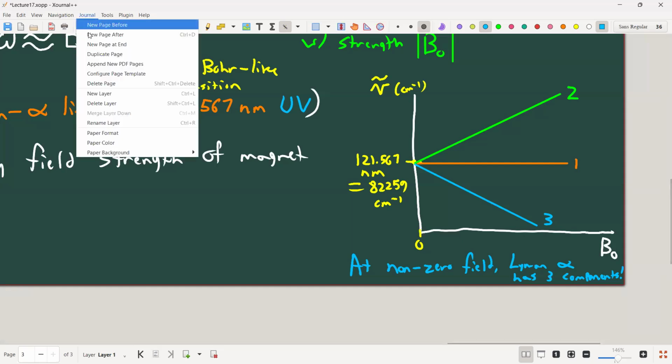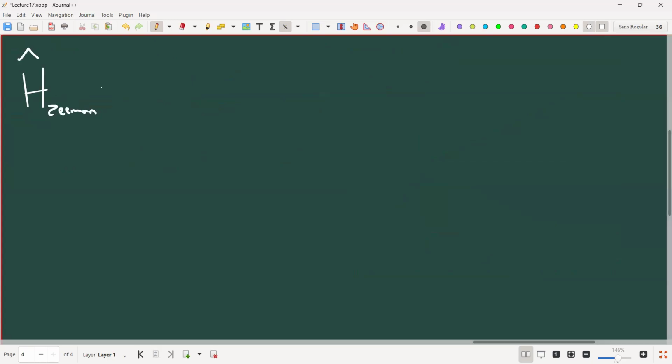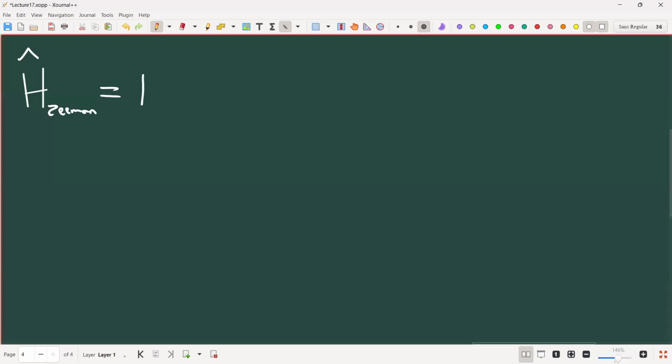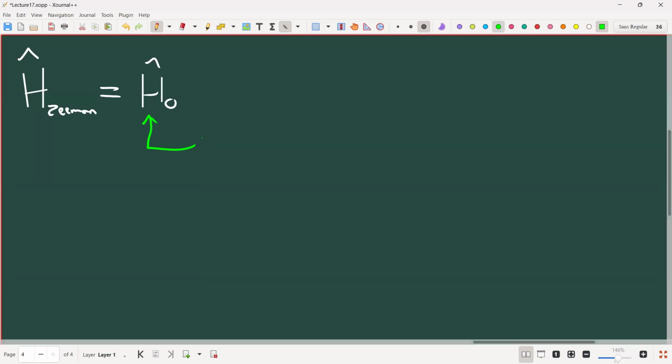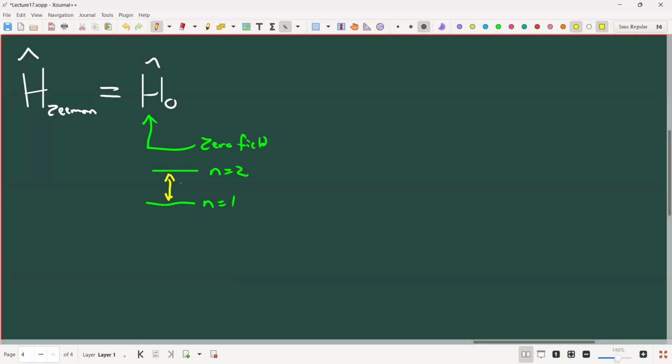Well, this is what's called the Zeeman effect. What the Zeeman effect says is that we can treat the Hamiltonian for the Zeeman spectrum as the original spectrum of the system. So this is the zero field, which is just n equals 1 and n equals 2 with a wavelength of 121.5 nanometers.